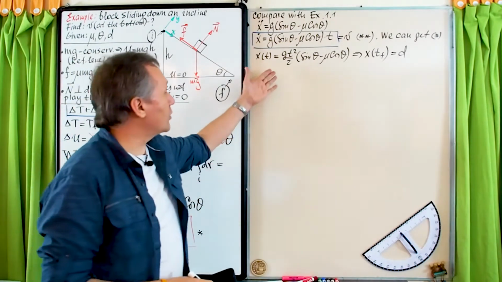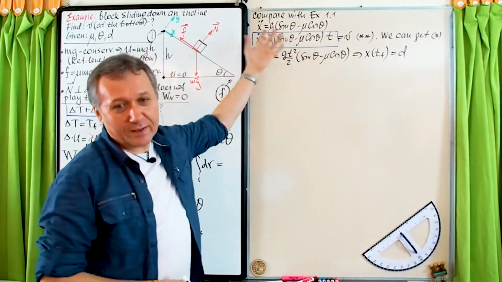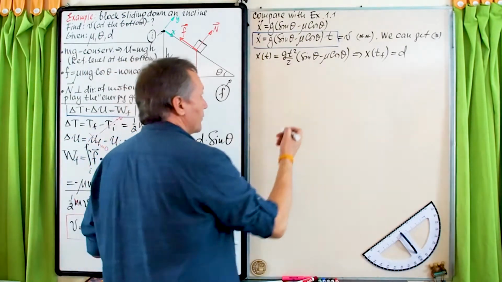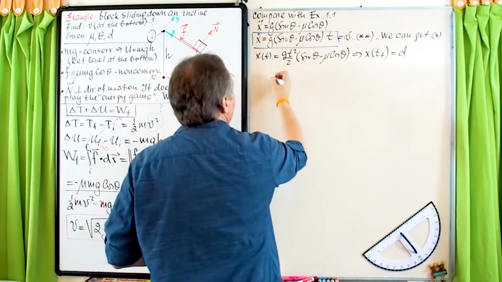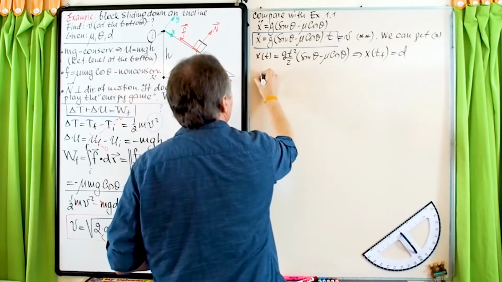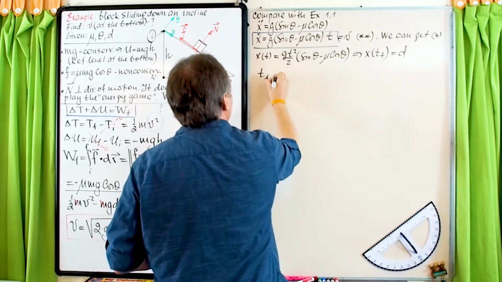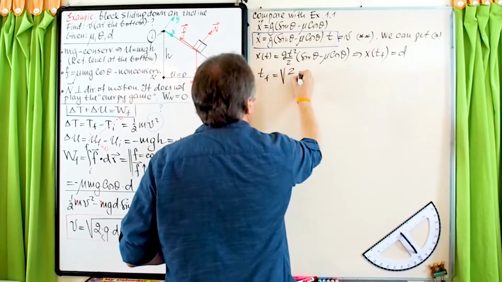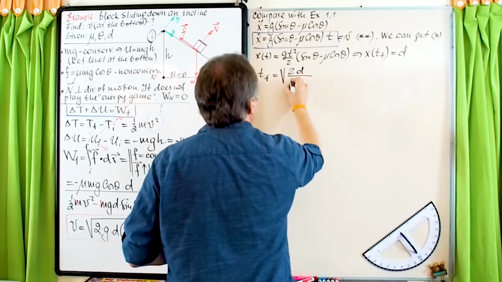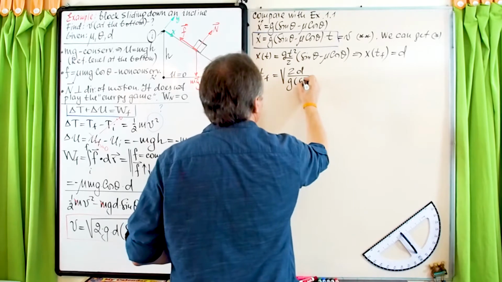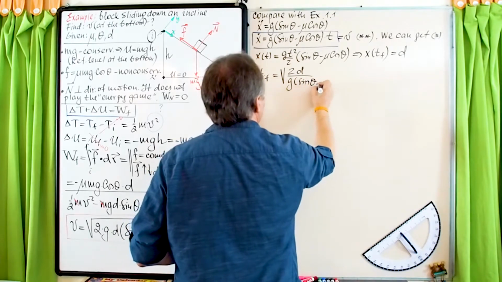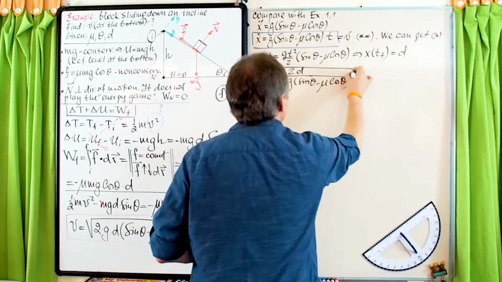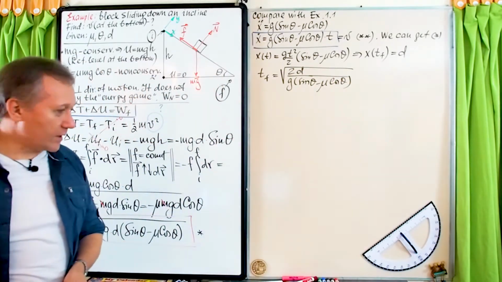Once you know the total travel time, plug it here, and you will get the velocity at that final moment of time. Of course, straightforward. So from here you can get, maybe I can solve it without writing, the square root of 2d over g times sine theta minus mu cosine theta. I think that's the travel time.